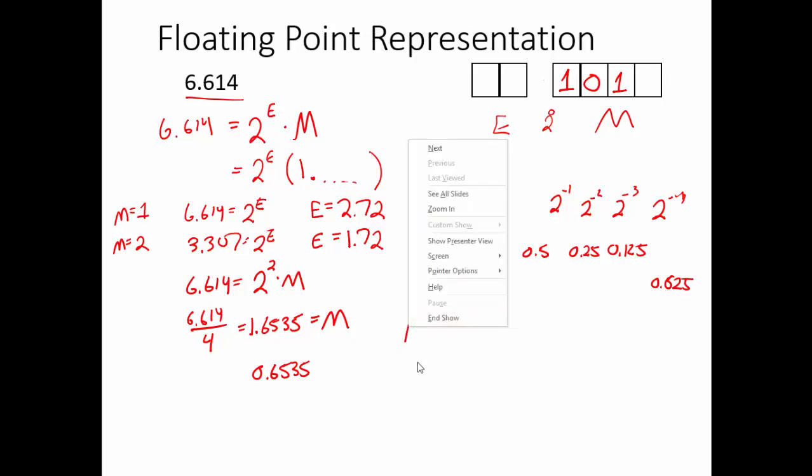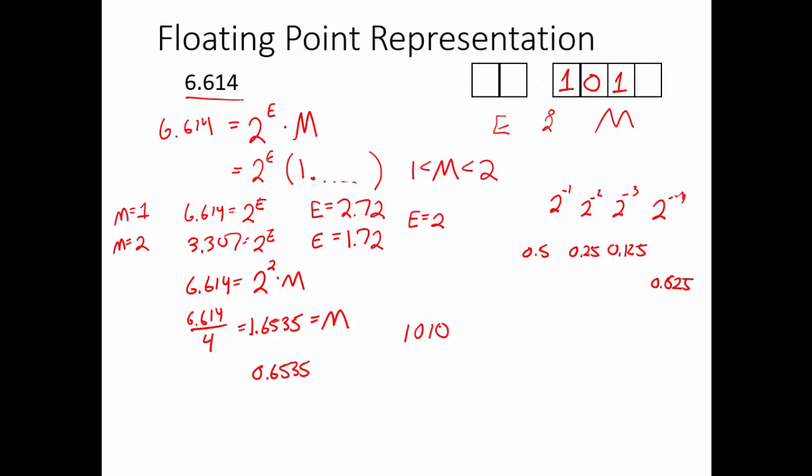If I didn't set the last bit, I'd have 1010. And then the value, if I add up just those 2 values, would be 0.625. That's the 0.5 and the 0.125. And if I did that, the error between this 0.625 and the 0.6535 is 0.0285.